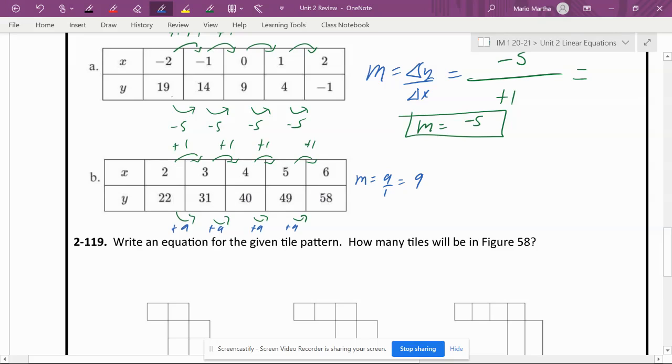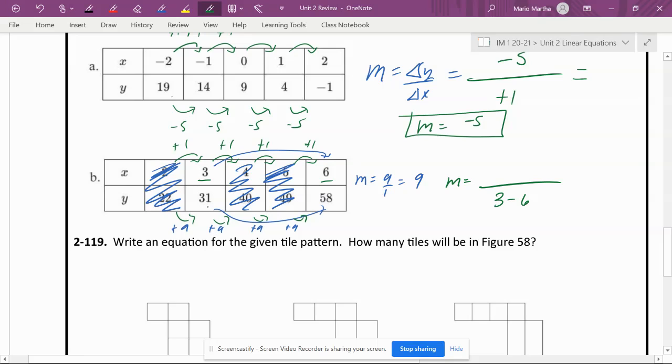Now, if anything was not given in order, let's say you were just given two values, the ones at the end. We can identify the slope by using the change in y over the change in x. Our change in x goes from 3 to 6, so 3 minus 6.